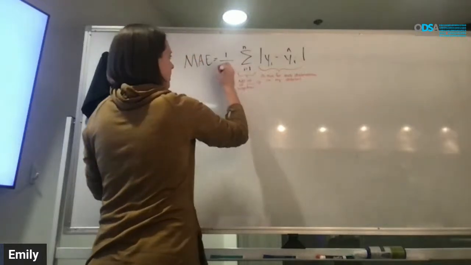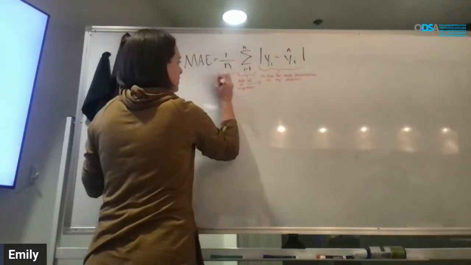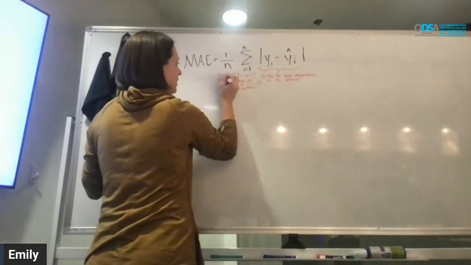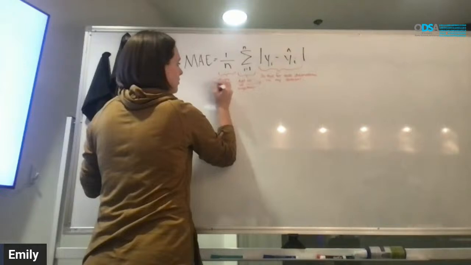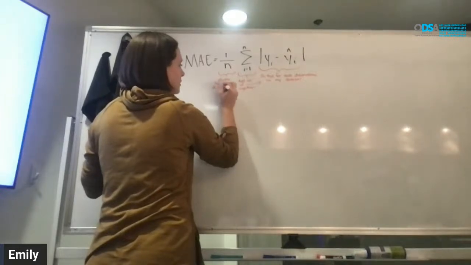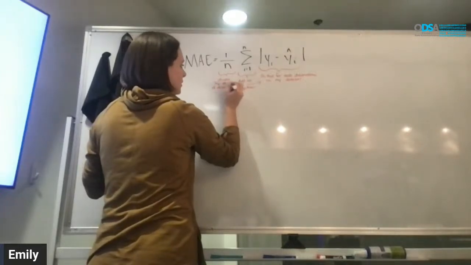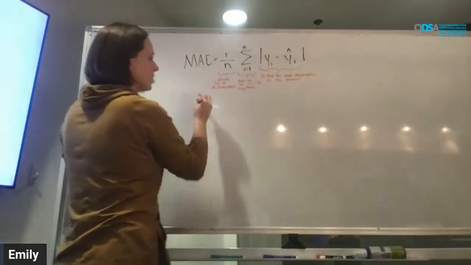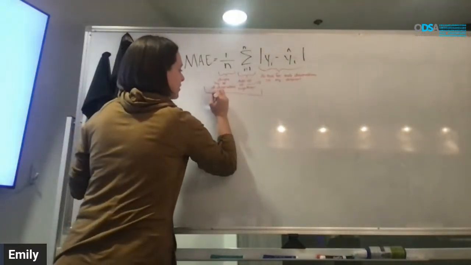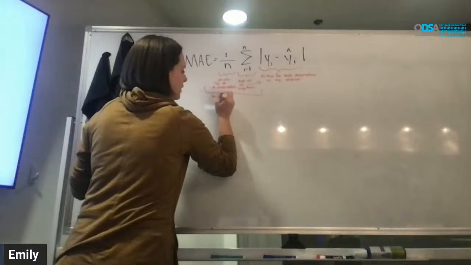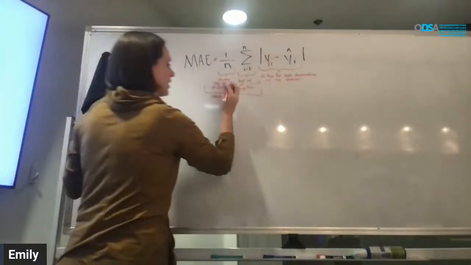And then we're saying divide by the number of observations. You can think of these two things together. This is just taking the average. Add it all together, divide by n.